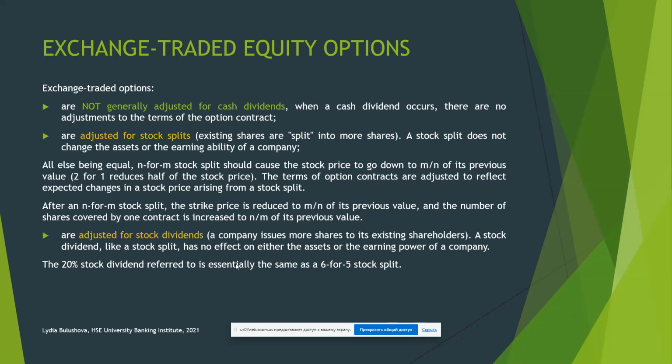Market capitalization doesn't change, the earning power doesn't change, just the number of stocks that are issued changed. So in this case, the exchange traded option is adjusted for these stock dividends, but in fact, market capitalization of the company doesn't change.